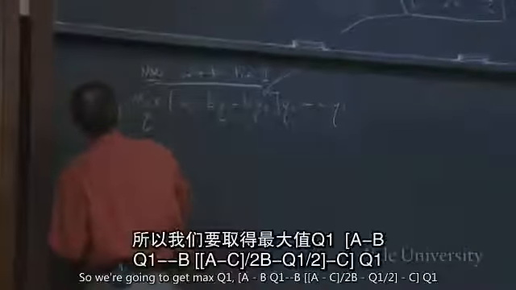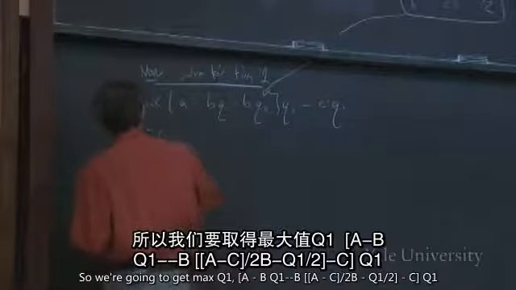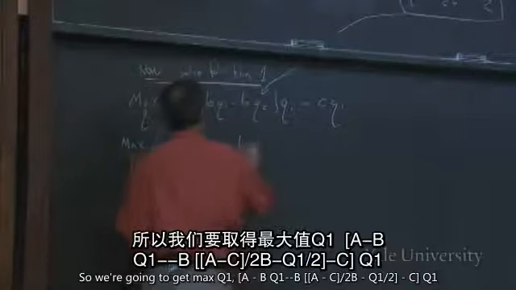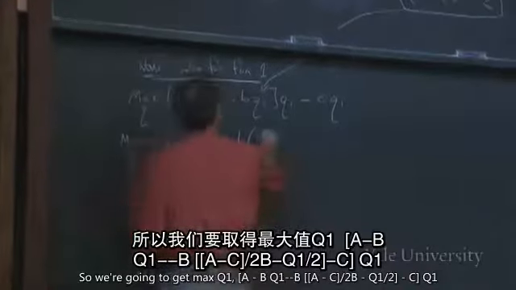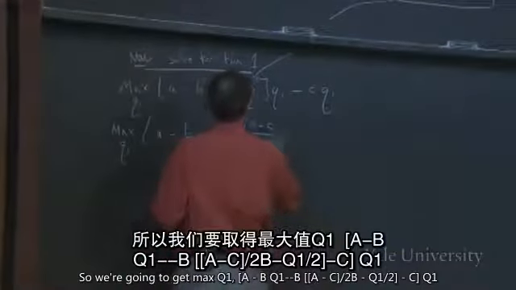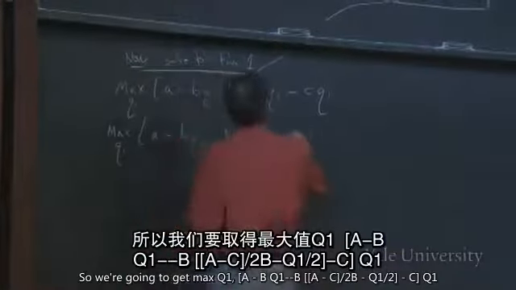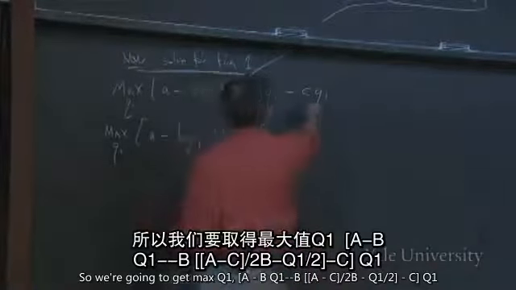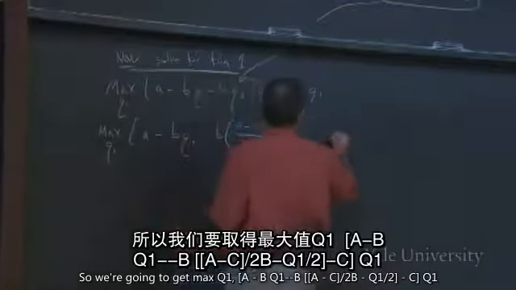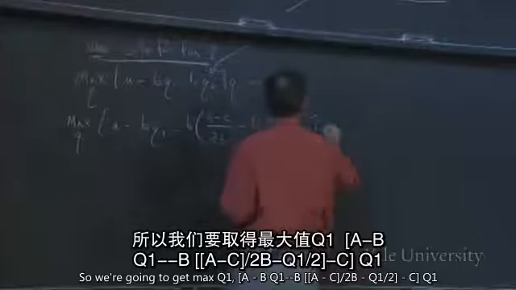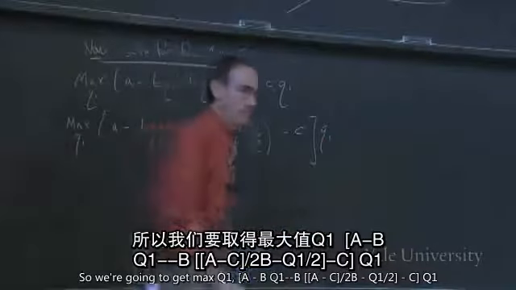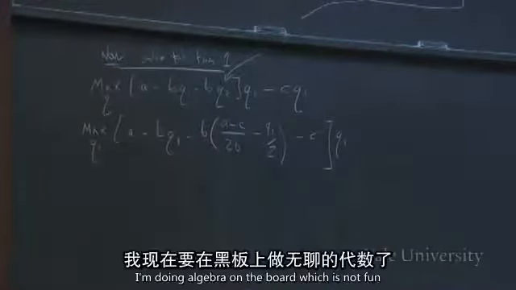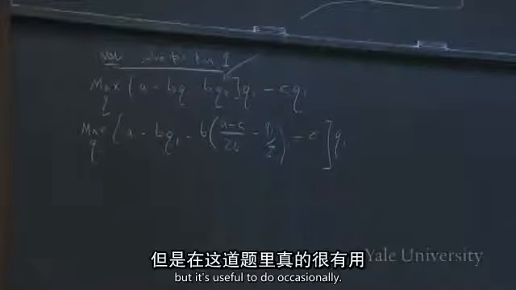So we're going to get max over Q1 of A minus B Q1 minus B, big bracket, A minus C over 2B minus Q1 over 2. Why don't I put this C inside the bracket as well while I'm here? So minus C, close bracket, Q1. Everyone okay with that? I'm doing algebra on the board, which is not fun, but it's useful to do occasionally.